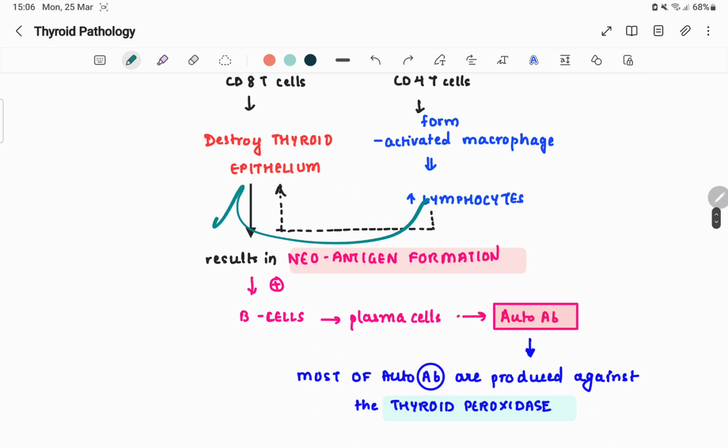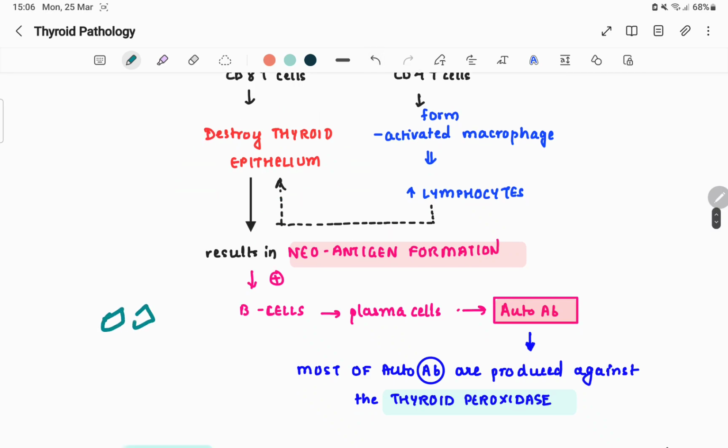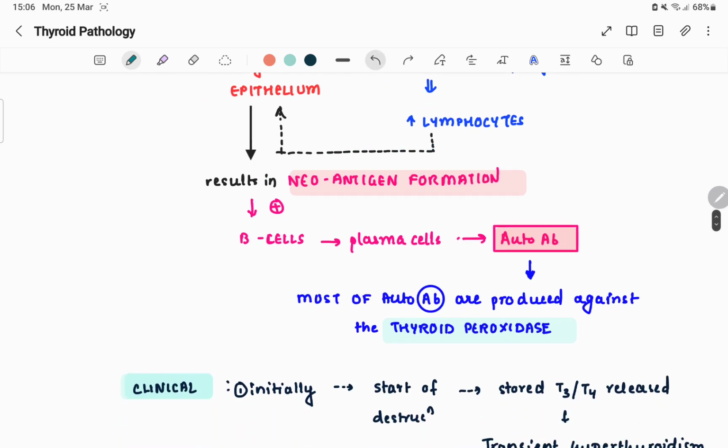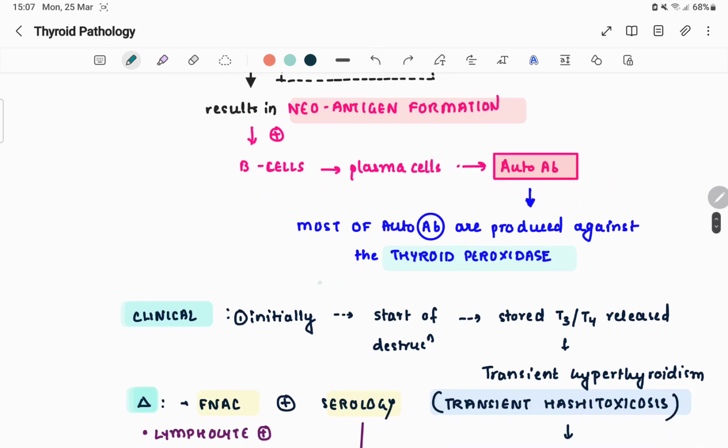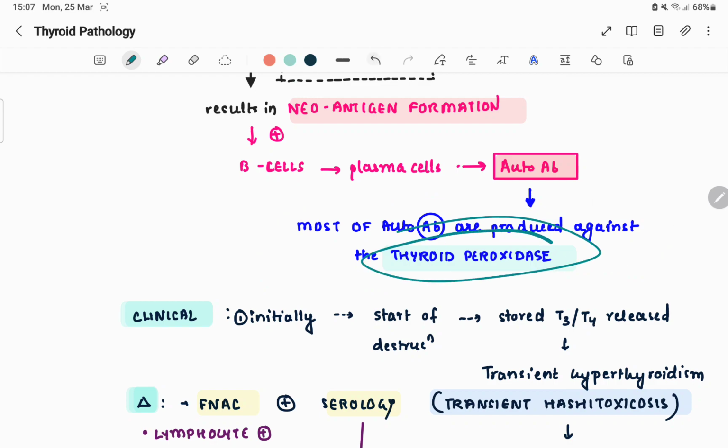If the epithelium is destroyed, it will cause fragments, and these fragments are called neoantigens. This neoantigen will again stimulate your B cells. The B cells stimulate plasma cells, which produce autoantibodies, and most of the autoantibodies are produced against thyroid peroxidase, the main enzyme for organification and oxidation.